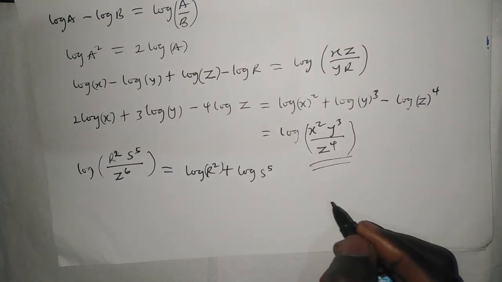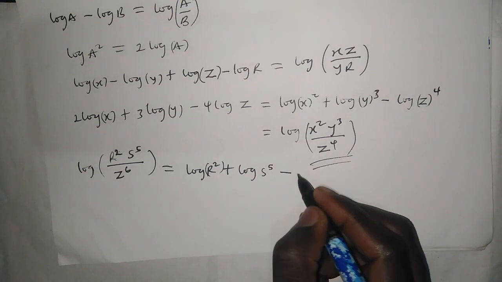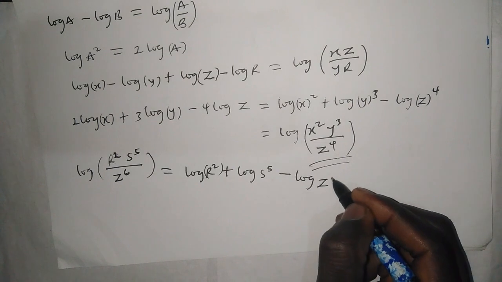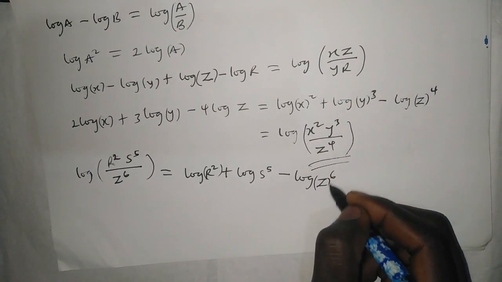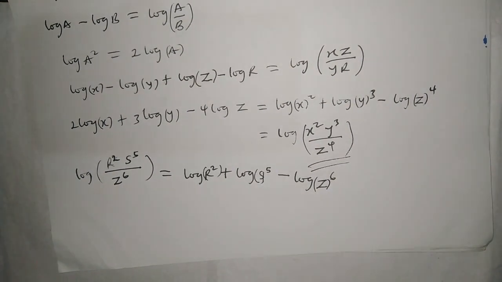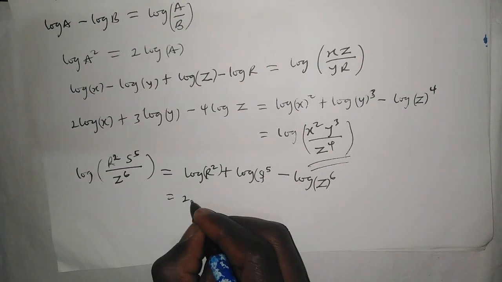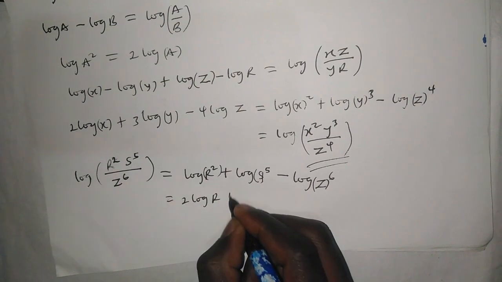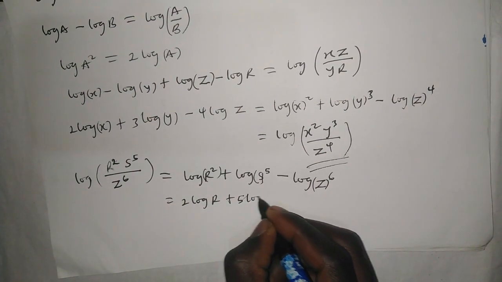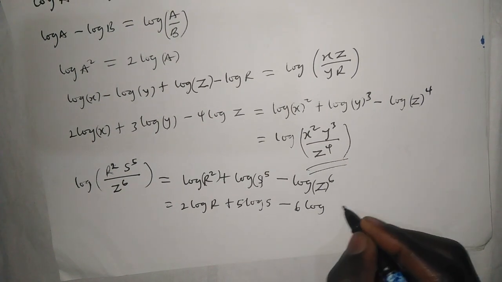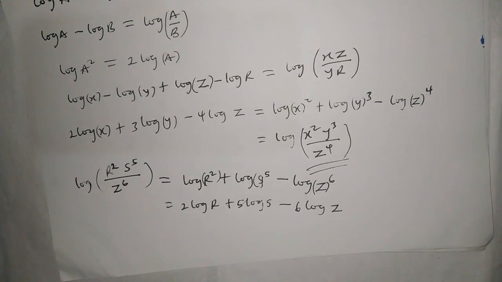And then the ones below, we know they have negative sign in front, minus log z raised to power 6. Next, we take the powers to the front. So we say 2 log r plus 5 log s minus 6 log z. So this is how we expand a single log into multiple logs. And this is our answer.